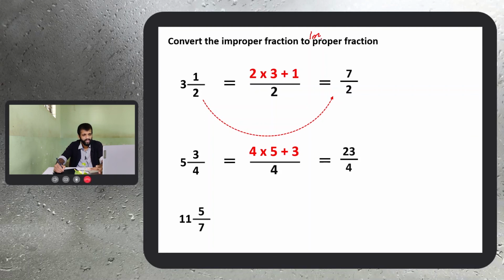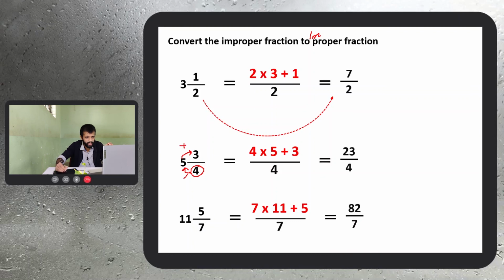Next one, 11 and 5 upon 7. So this will become 7, which is the denominator, multiplied by 11, which will give me 77 plus 5, and you will get the answer to be 82 upon 7. So I hope you are able to understand. All I will do is take the denominator, multiply with this number and then add.